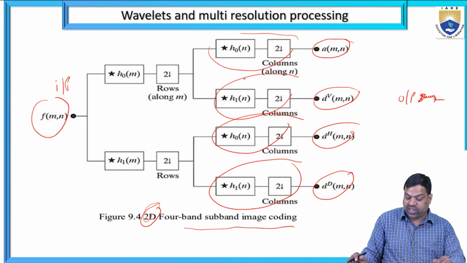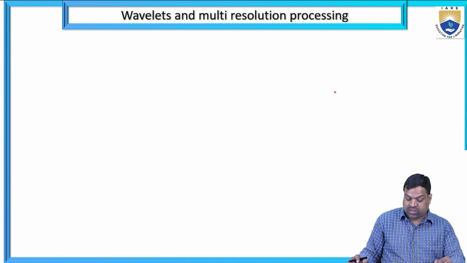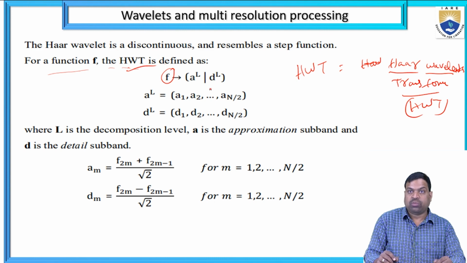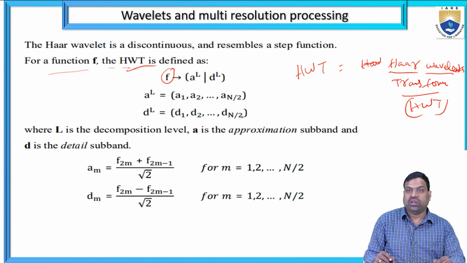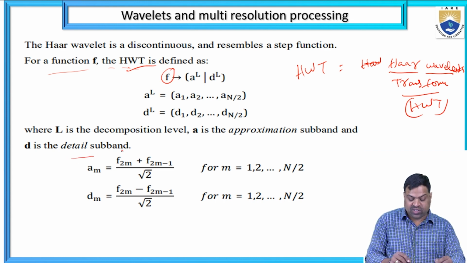Already we know what the a's and d's are. Here a power l equals a1, a2, and so on up to a n by 2. d power l equals d1, d2, and so on up to d n by 2. Here l is the decomposition level, a is the approximation subband, and d is the detail subband.